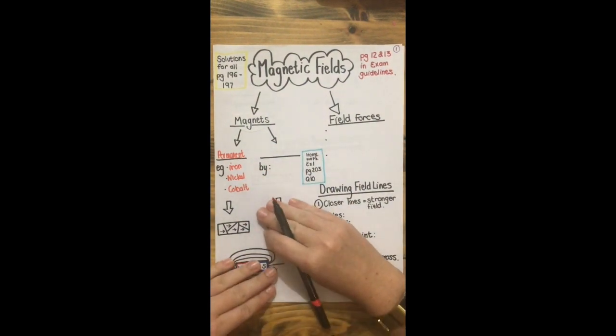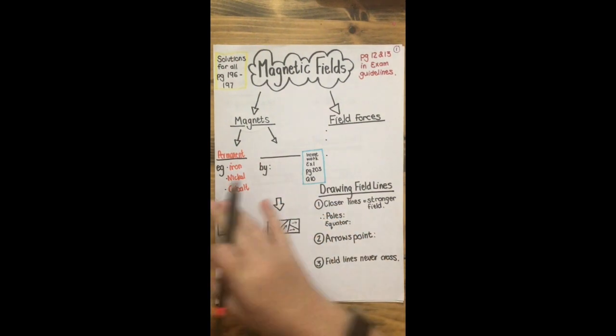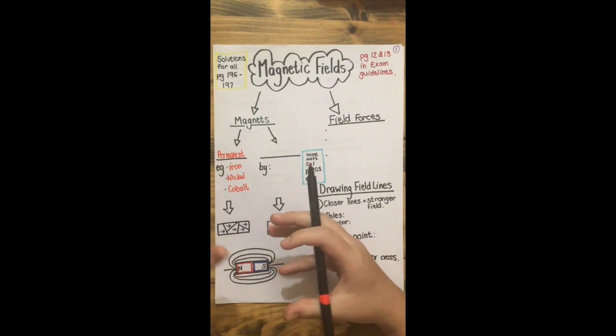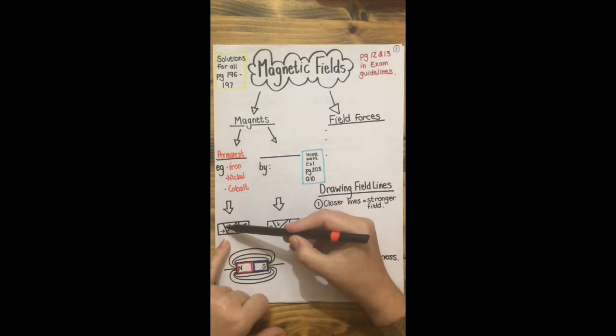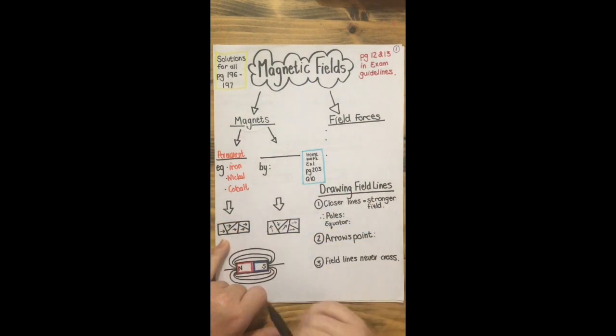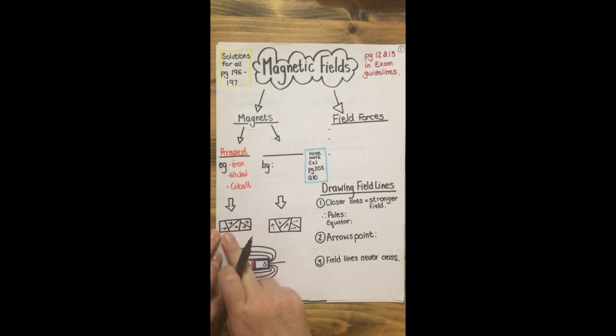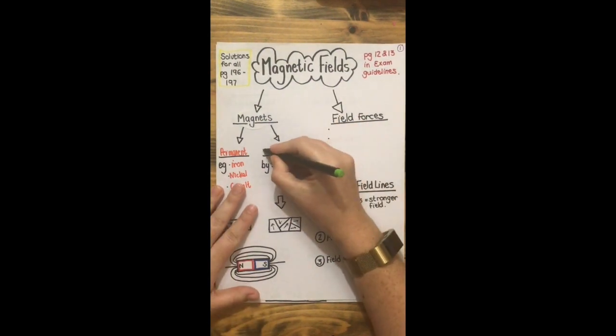When we look at a permanent magnet, the sections within, or the pieces within a magnet, all of those magnetic domains line up and point from one end to the other. So you can see that all of those arrows in each domain are aligned. They are pointing in the same direction. The other type of magnets are called temporary magnets.